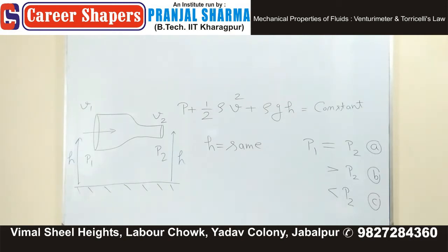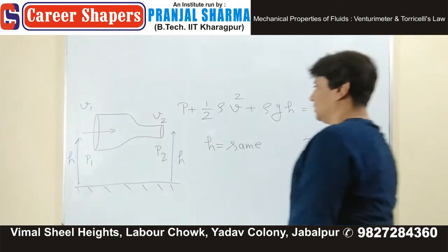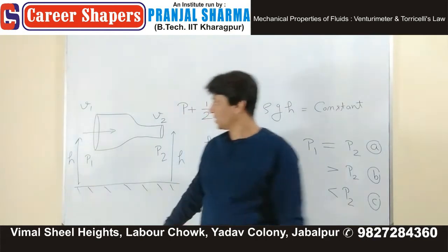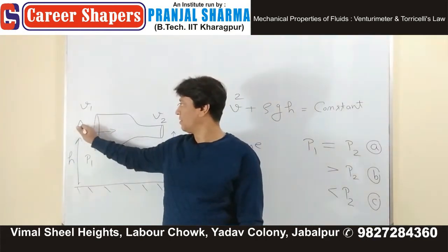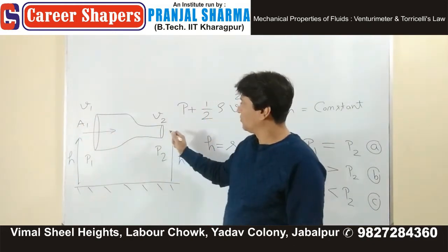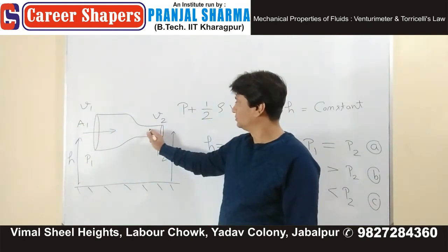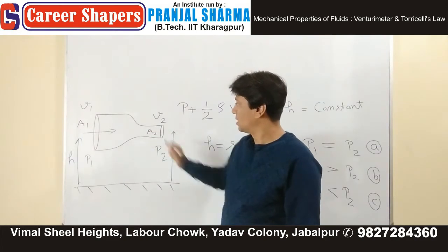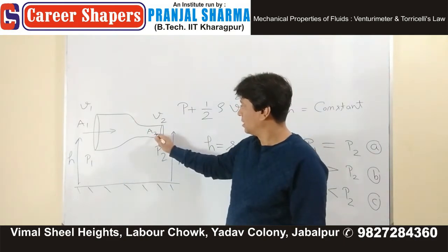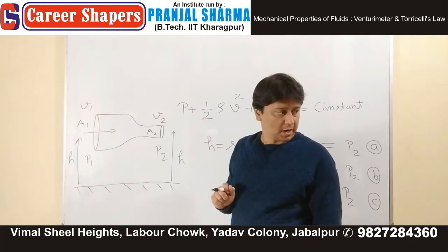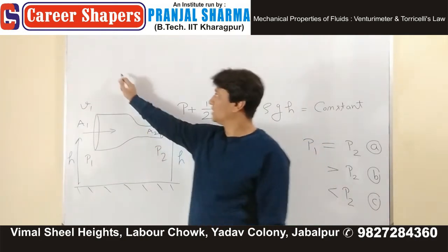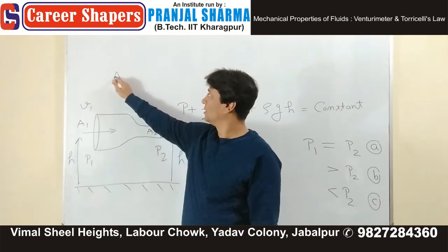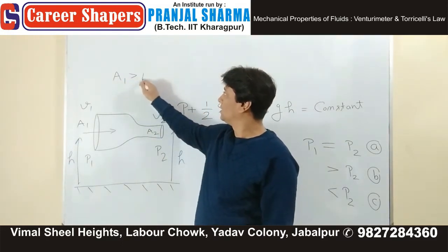All types of answers are present. C, B, A. What is the cross-sectional area at this place? A1. This is A2. And you can see that A1 is greater than A2.